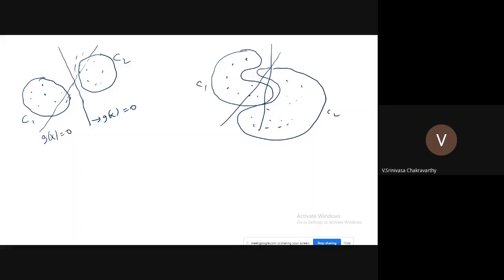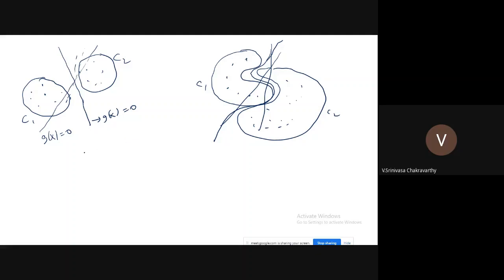In this data set, you cannot separate the two classes by drawing a line or by using a hyperplane, because you need a complicated surface, not a plane, not a straight line, but a curve to separate these two classes. In this case, you are trying to separate classes using only a straight line in case of 2D or using a hyperplane in case of multi-dimensions. So you may not always be able to do that.